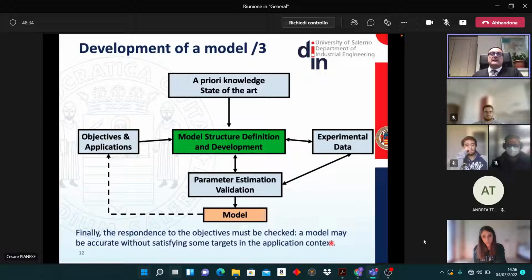This is the last part of the process. So we see whether the model gives a good response to the objectives, and whether it is right. So we started from some objectives.